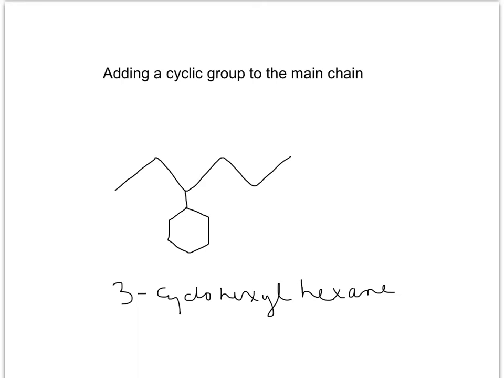All right, now if you wanted to add the benzene ring, 1, 2, 3, 4, 5, 6, instead, the circle, you would think that you would use the word benzyl, but we don't.